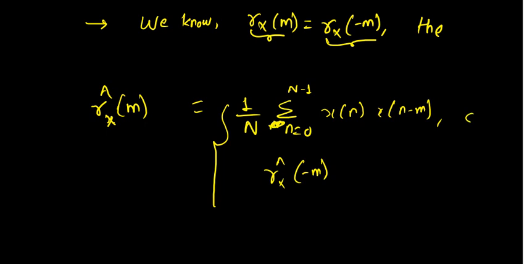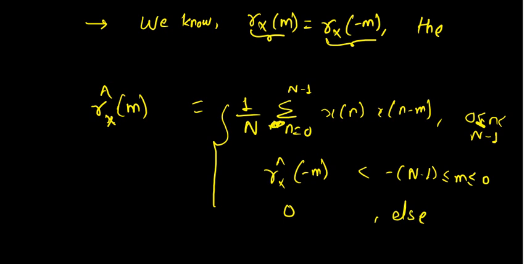So m goes from 0 to N minus 1, and for the negative side from minus N minus 1 to 0, and elsewhere it is 0.